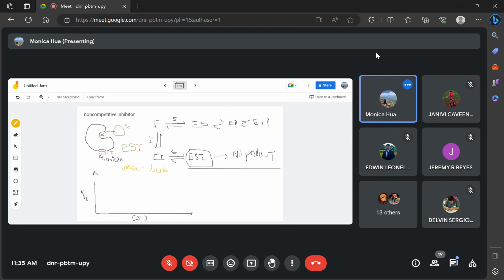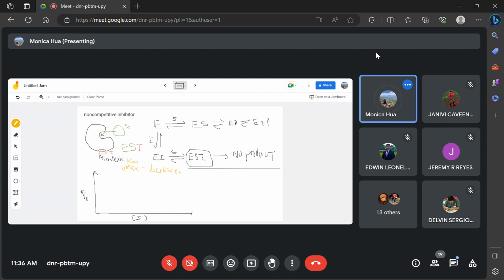We can't reach Vmax anymore. Vmax decreases, but what about our Km? So Km is a bit tricky, right? So I'm going to try to explain it.